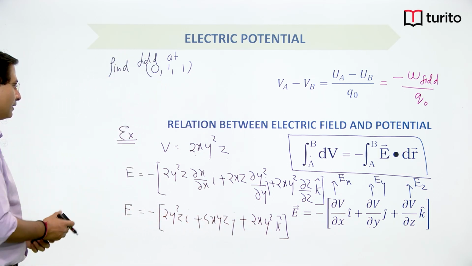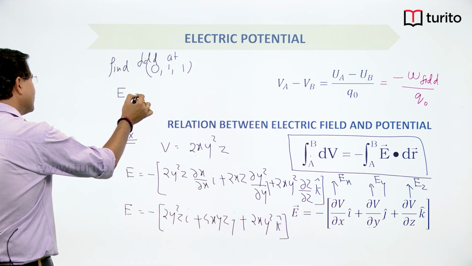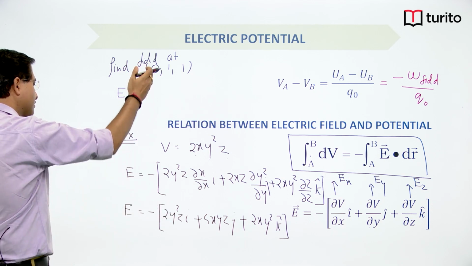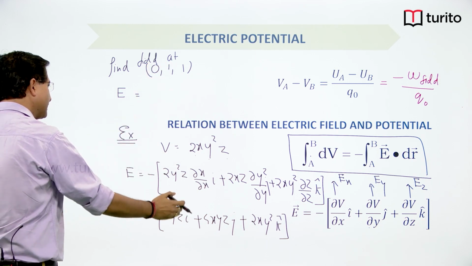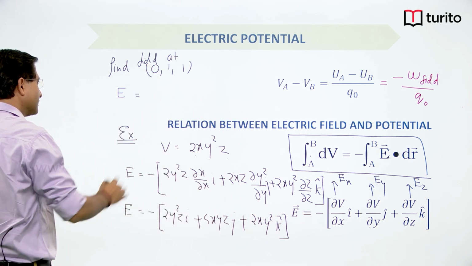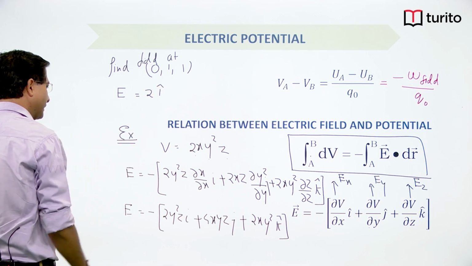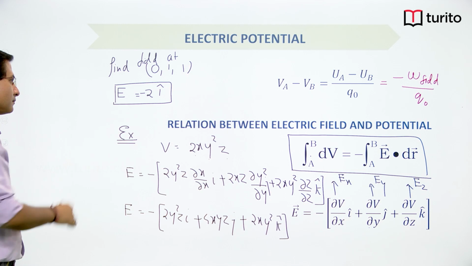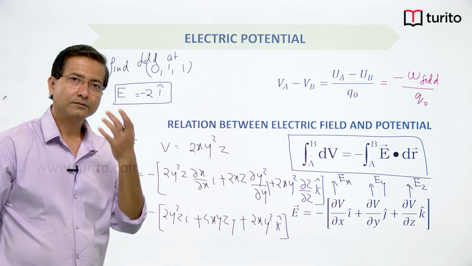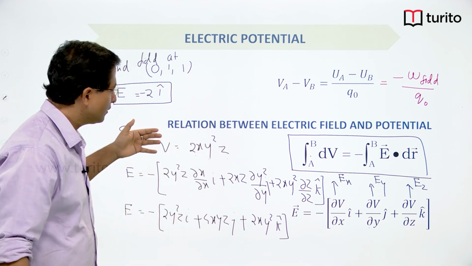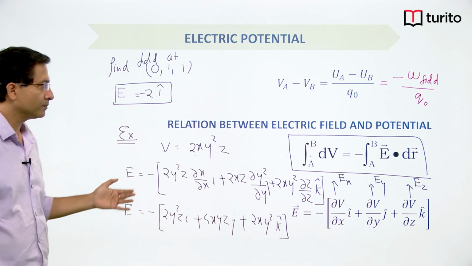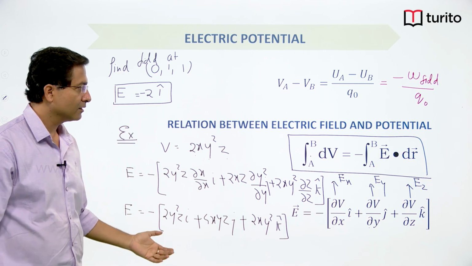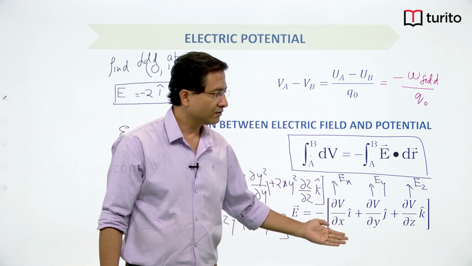At that particular point you will get E is equal to, y is equal to 1, z is equal to 1, then this will become 2 i cap and this minus sign. So, this is the procedure by which, if potential is given, we calculate the field in space, we just have to partially differentiate it.